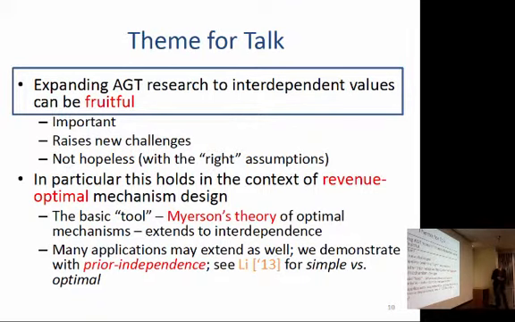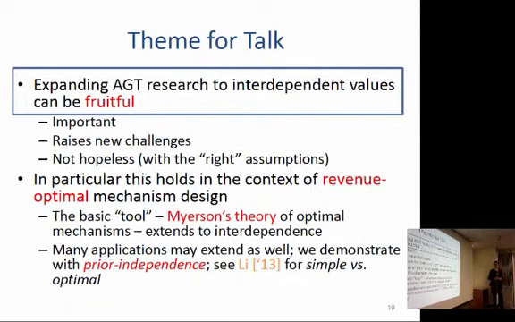I'm going to discuss this theme in the context of revenue optimal mechanism design. Our basic tool for optimal mechanism design is Myerson's theory of optimal mechanisms, and I'm going to show how it extends to interdependence.